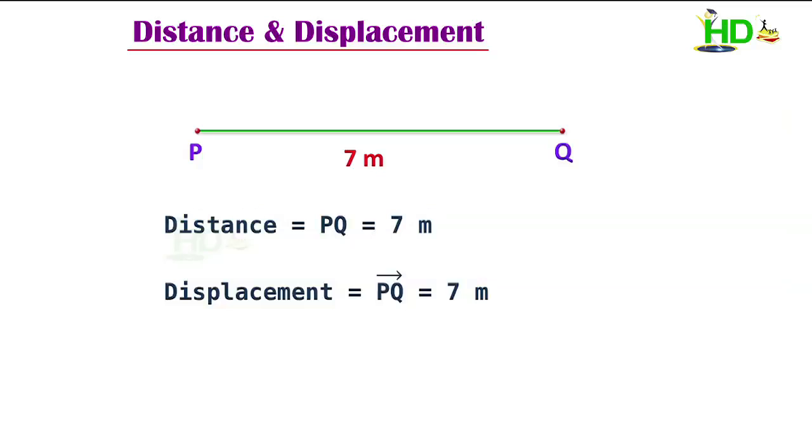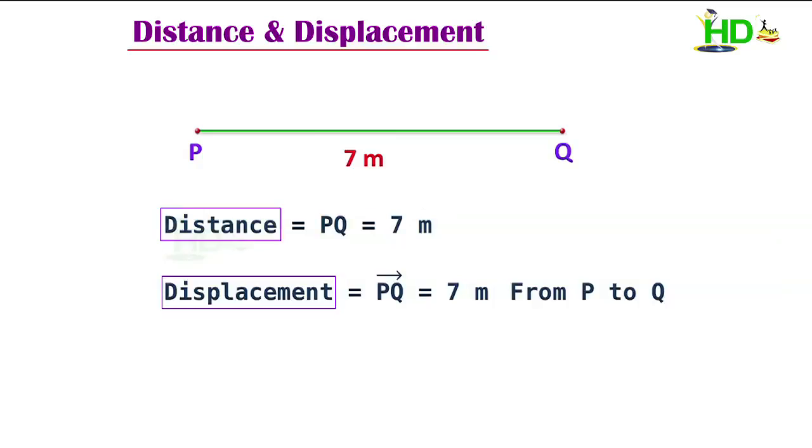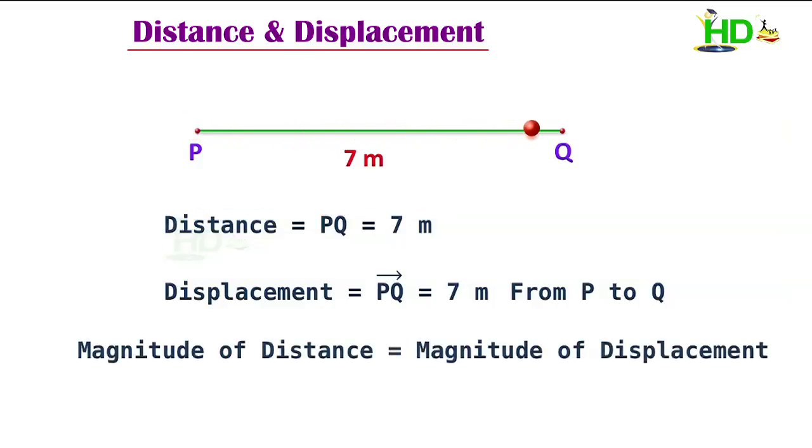This is equal to 7 meter. In this case, what are you observing? The distance and displacement both are equal in magnitude. That means, when a body is moving along a straight path, the magnitude of distance is equal to the magnitude of displacement. Both distance and displacement are equal in magnitude.